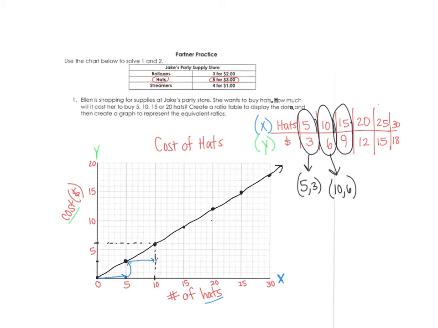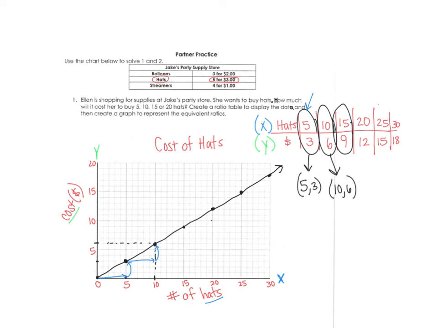Over 5 hats, up $3. So this is a constant slope. What that means is every time, I always move over 5 and up 3. That shows me it's a ratio because it's a straight line.